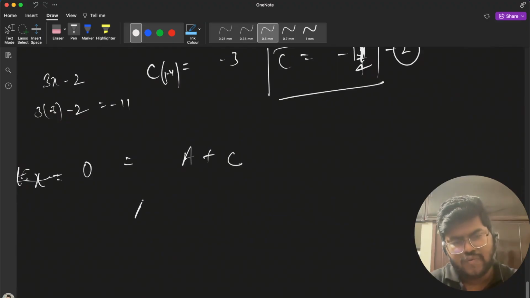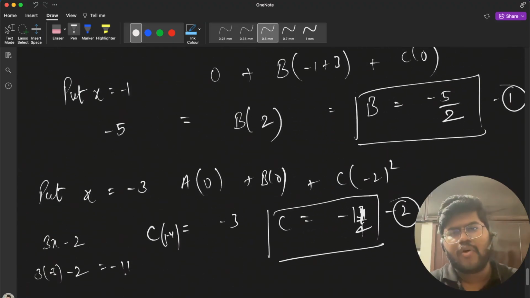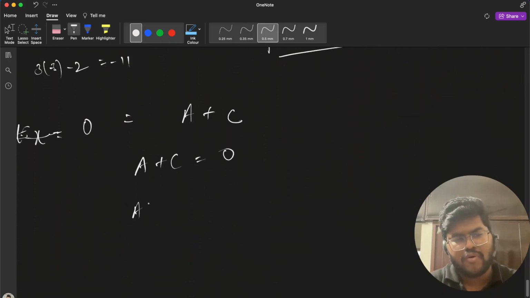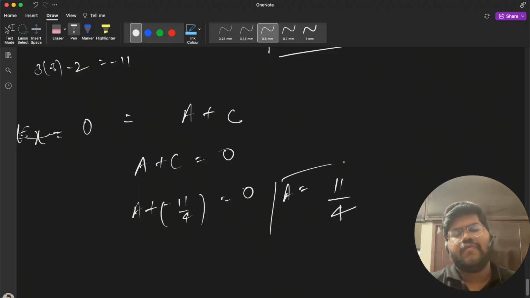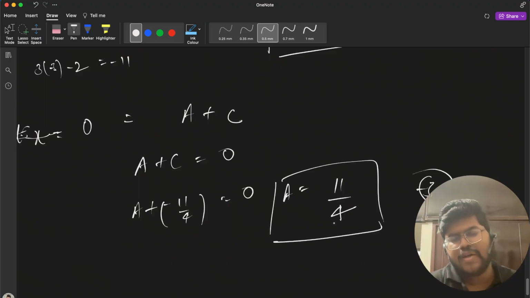So a plus c is 0. We have the value of c as minus 11 by 4, so a plus minus 11 by 4 is 0. So a equals 11 by 4, right?